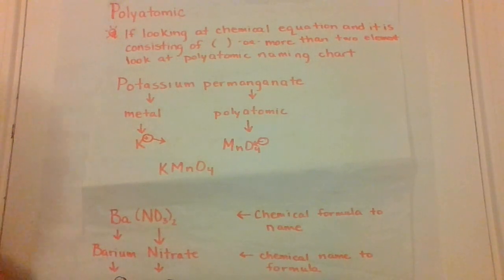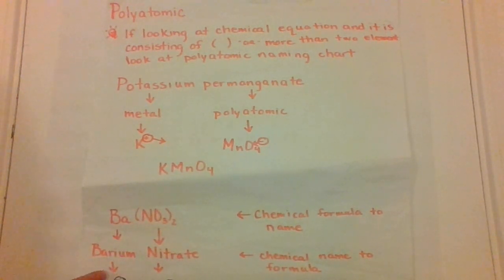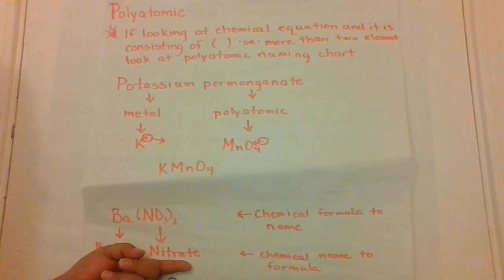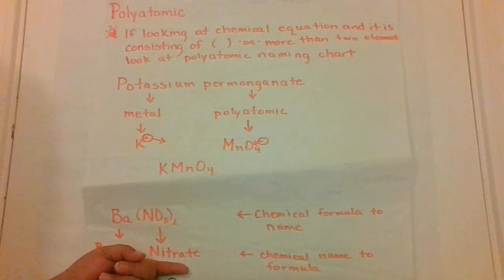That lets us know that barium had a 2+ charge that was utilized during that crisscross method. So by looking for NO3 on our polyatomic resources, we know it is going to be nitrate. So we have barium nitrate.